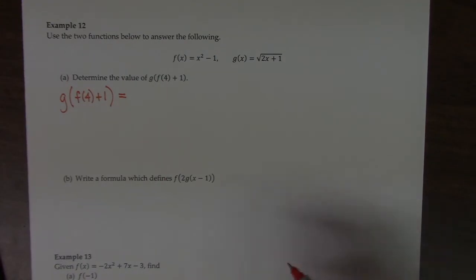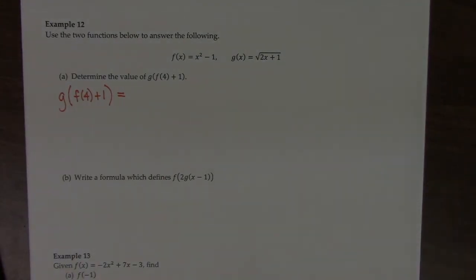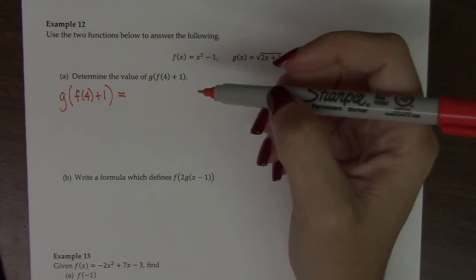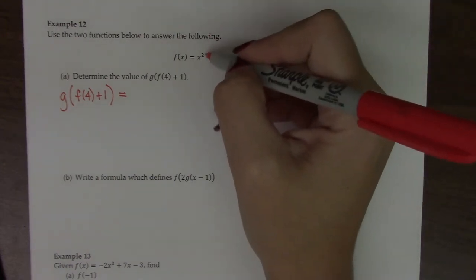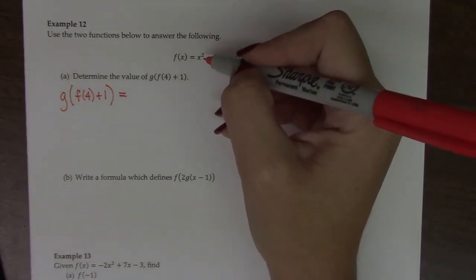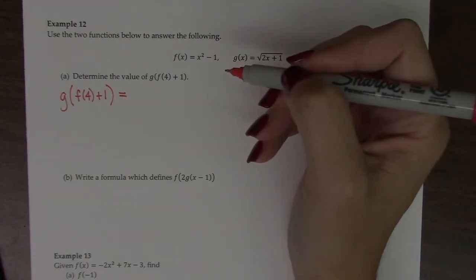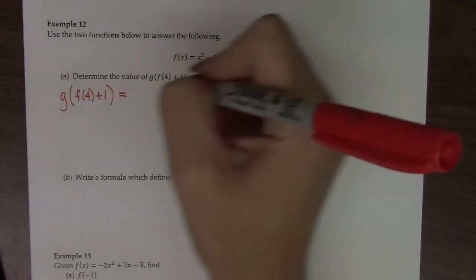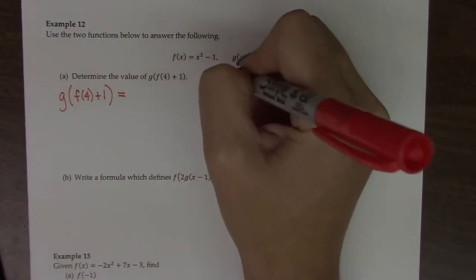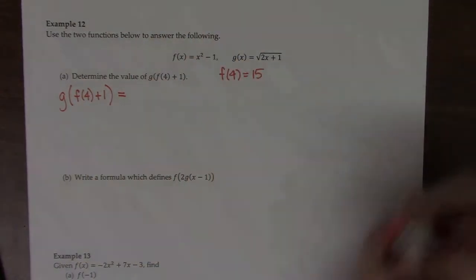Then I need to know what f of 4 is, which means plug 4 into our function f of x. 4 squared is 16. 16 minus 1 is 15. So f of 4 is 15.